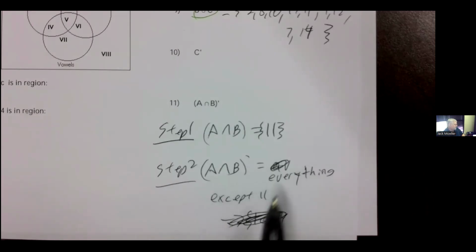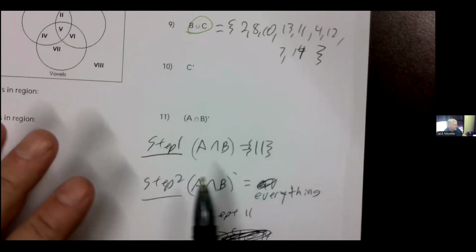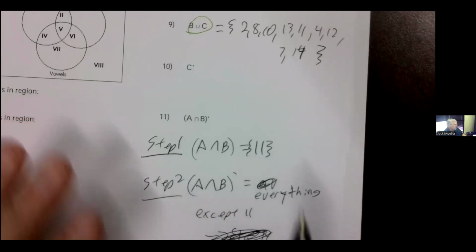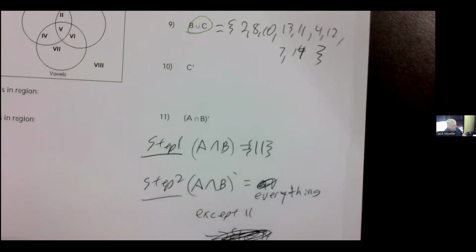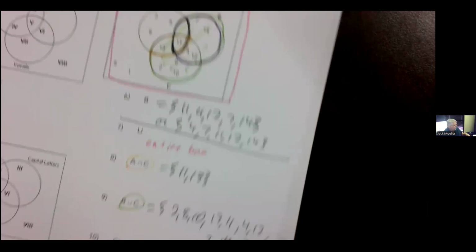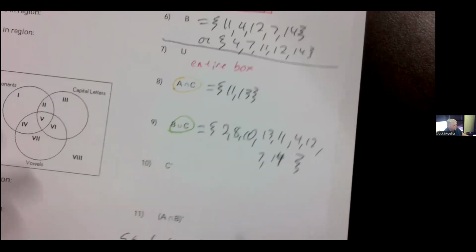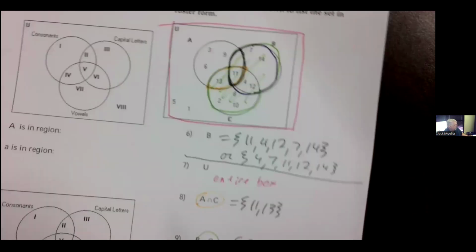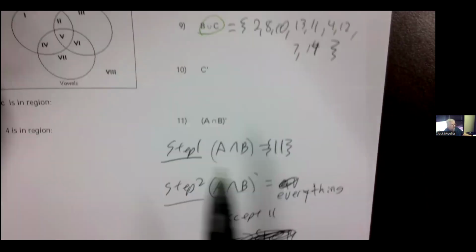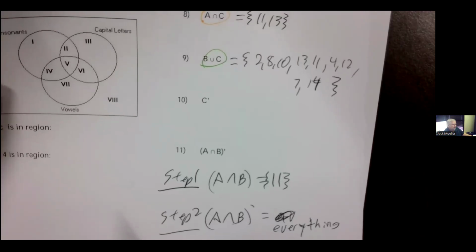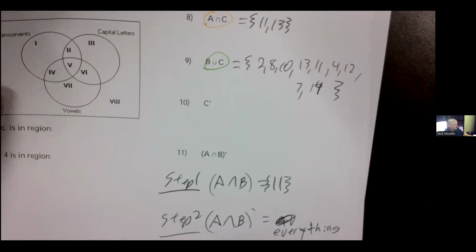But this would be 1, 2, 3, 4, 5, 6, 7, 8, 9, 10, 12, 13, 14. We could get messier, but I saved a lot of the messier operations for 2.3 with the 2-set Venn diagrams.